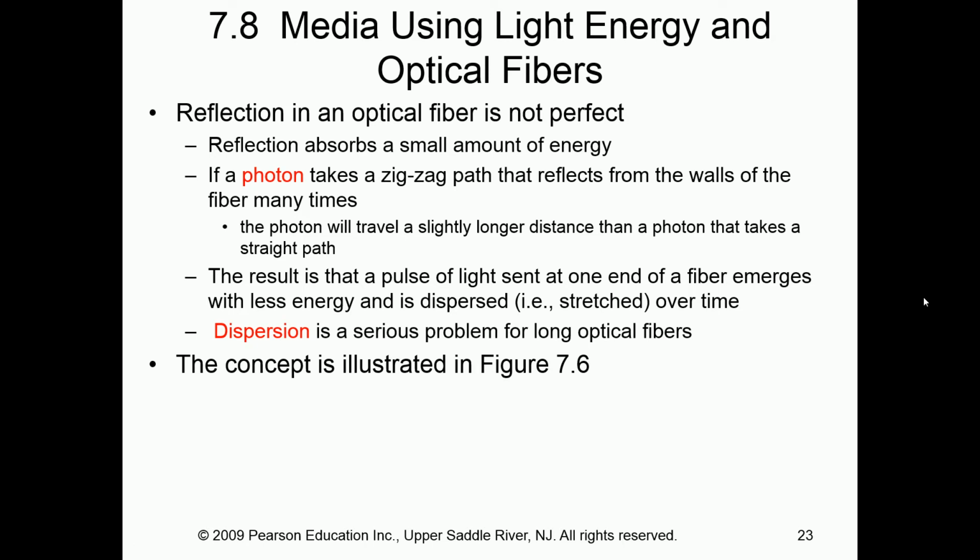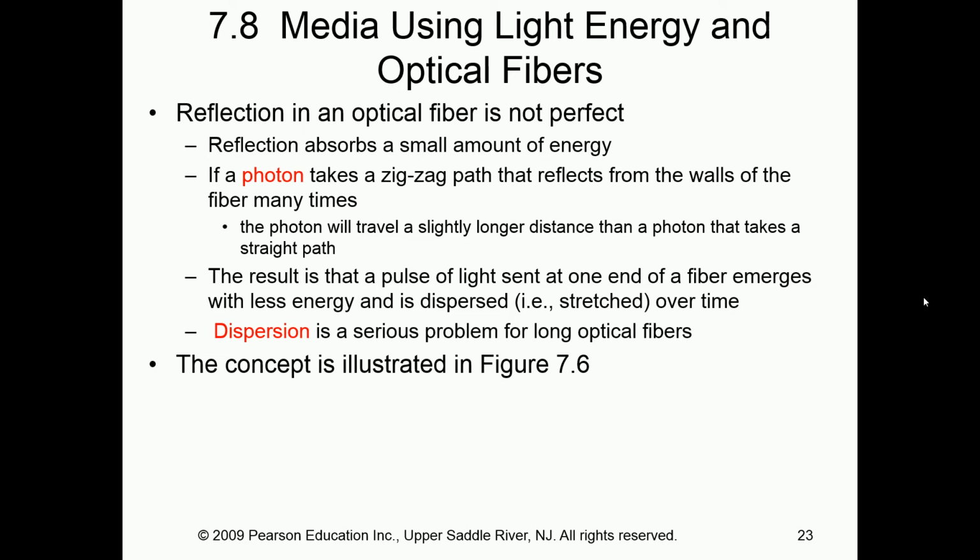So in optical fiber, the reflection is not perfect. The zigzag going down the media cannot go on indefinitely. However, it has been shown that the zigzag actually forces the photon to go a little further than if the photon was just shot down the center of the cable.